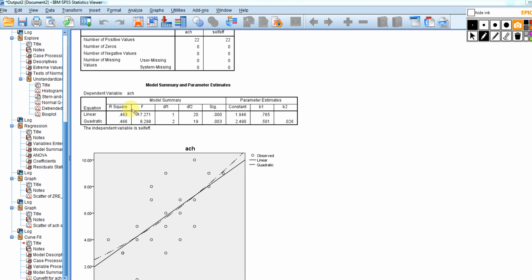All things being equal, and adopting the more parsimonious model, even though the models fit roughly equally, the more parsimonious solution would be a linear trend as opposed to a quadratic, even though the quadratic might explain just a hair more variance in the dependent variable. It's not enough that I would be willing to go with a more complex model with the quadratic equation.